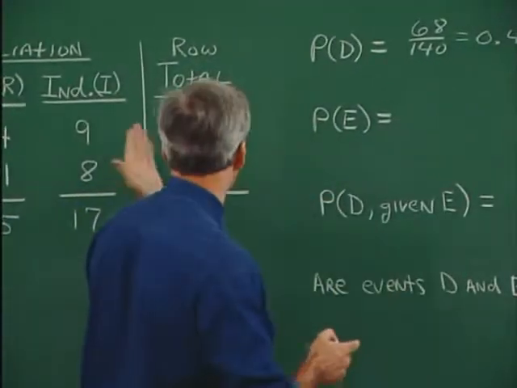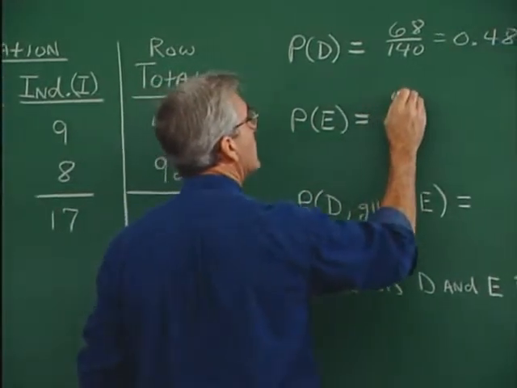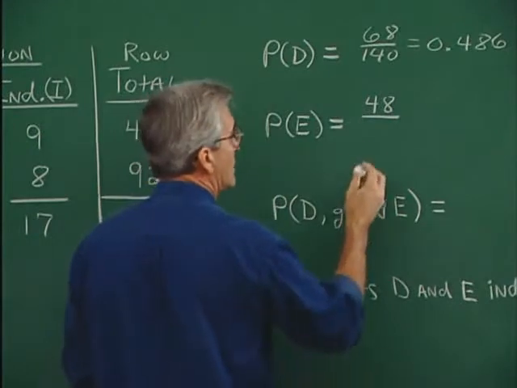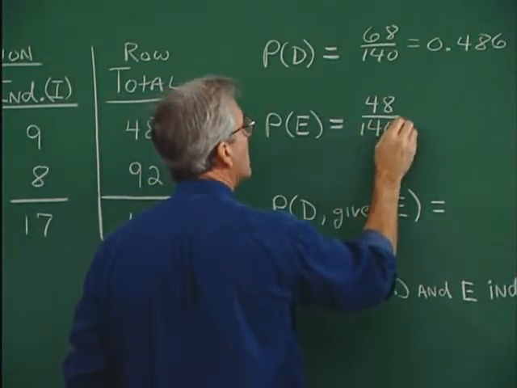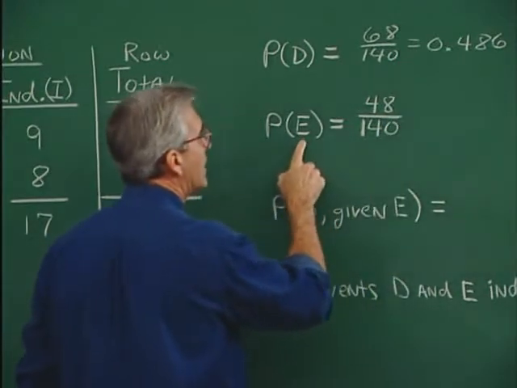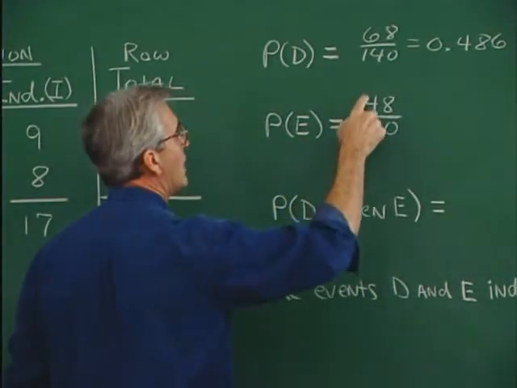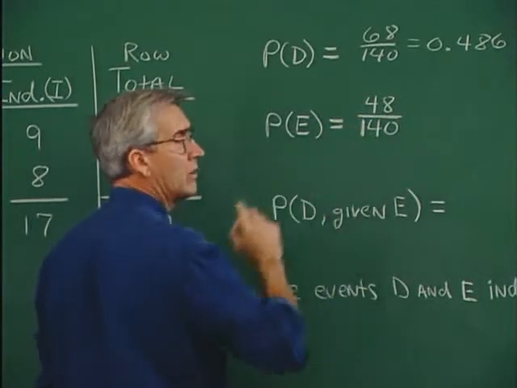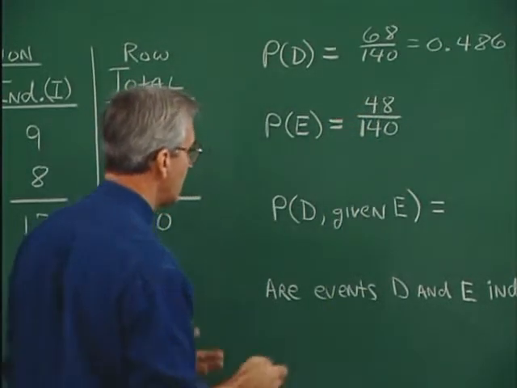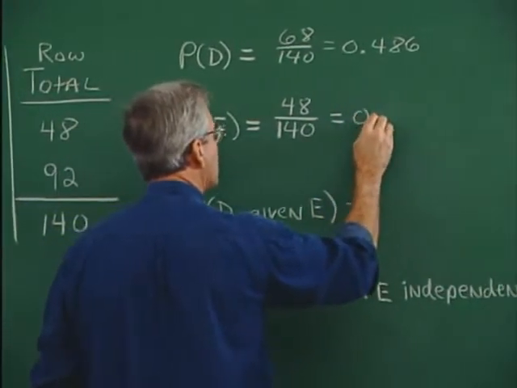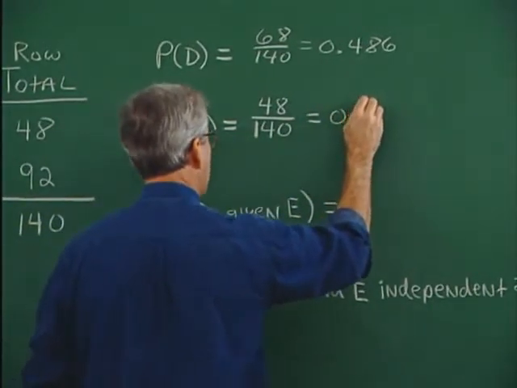So 48 favorable outcomes out of 140 possible outcomes. The probability of selecting an executive out of all of the employees is 48 out of 140, because there are 48 executives out of the 140 employees. Written as a decimal, it's 0.343.